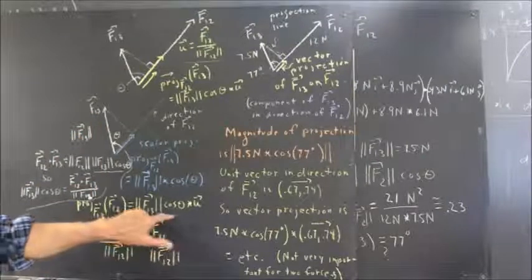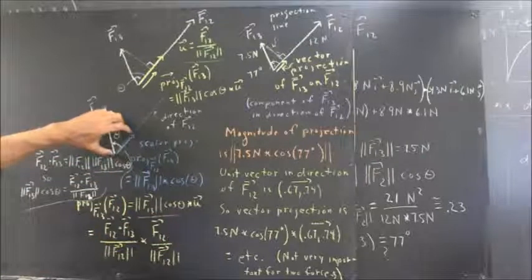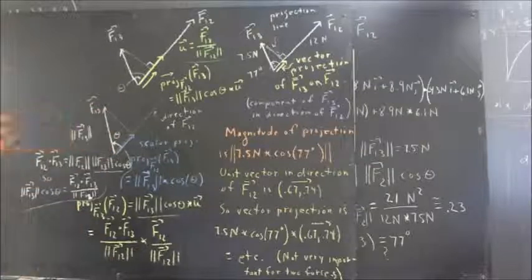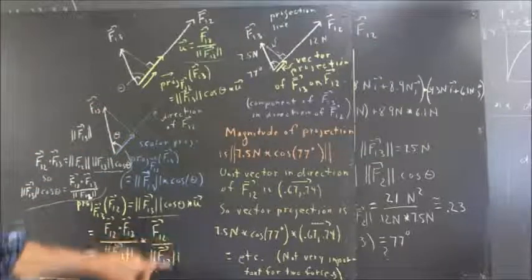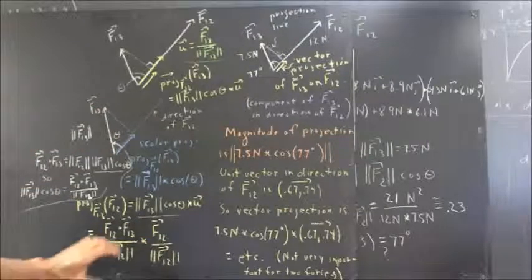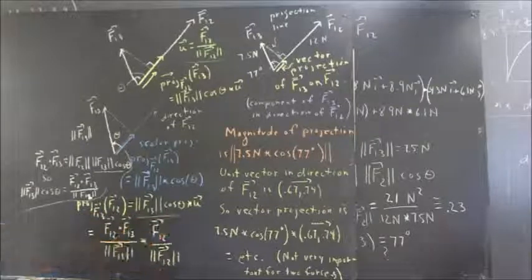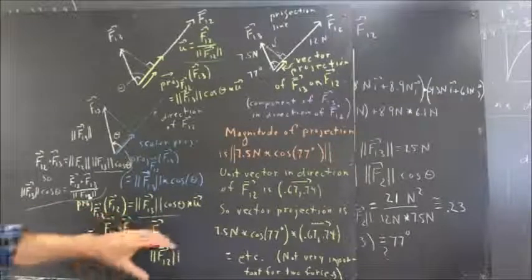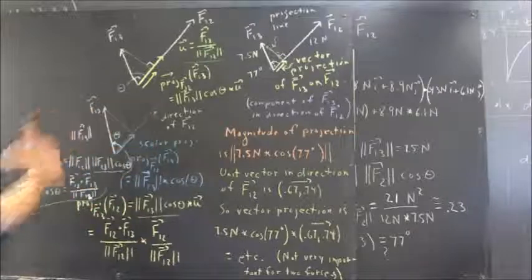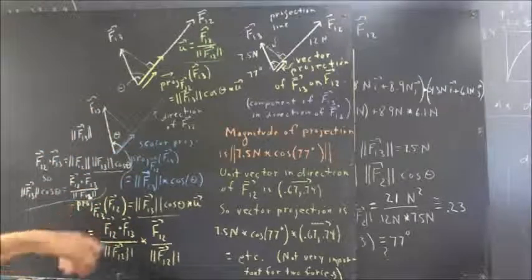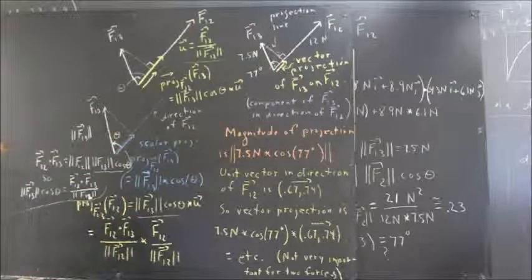In other words, our F13 cosine theta, this side of the triangle. And this is your unit vector. And you're multiplying that side of the triangle by your unit vector, with the consideration that that side of the triangle might go in the backwards direction. So this thing over here might be negative to indicate that.